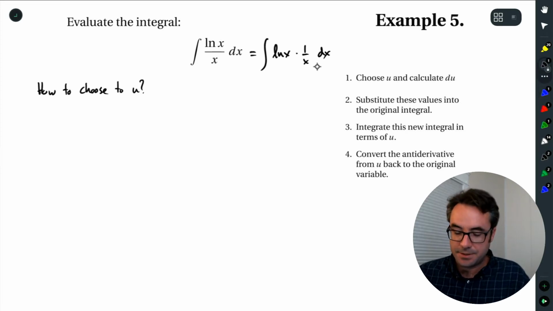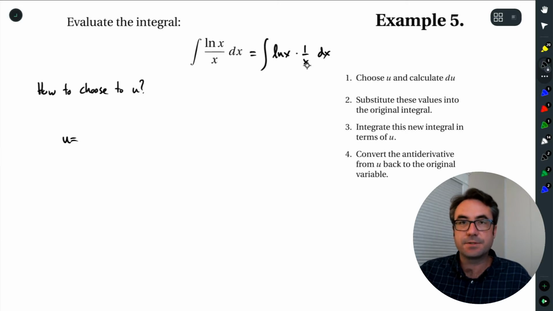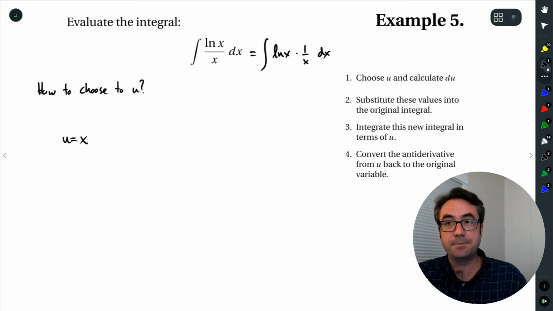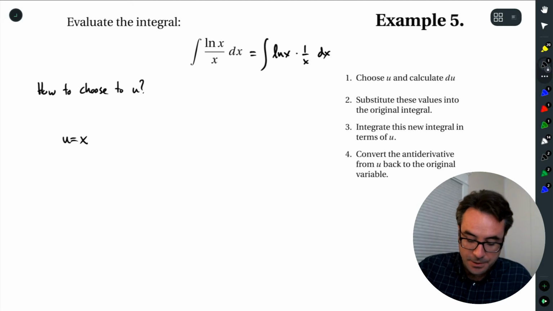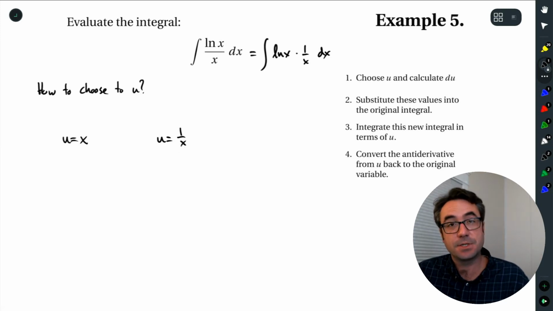So when we look at these different pieces, there's a few things we could try. We have 1 over x, so I could just try letting u equal x, the term in the denominator. That's one possibility. I could also try letting u equal the 1 over x. I have a 1 over x right here. I could let u equal that. It's another possible choice for u.